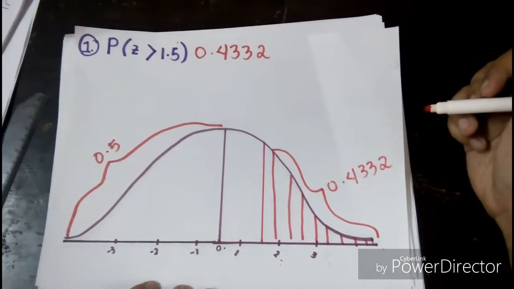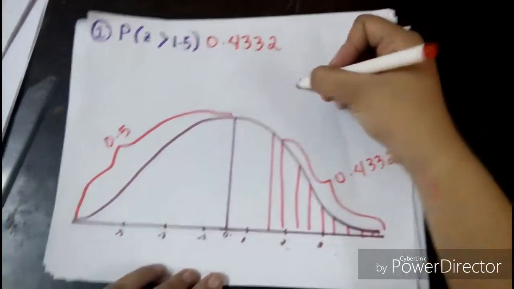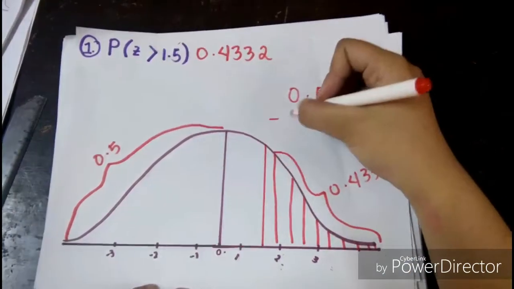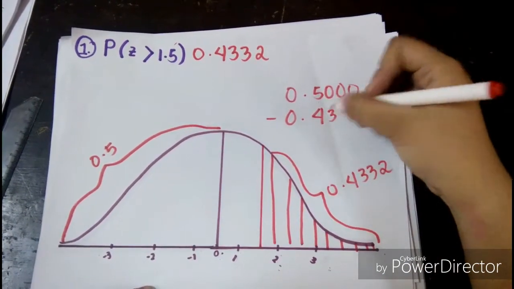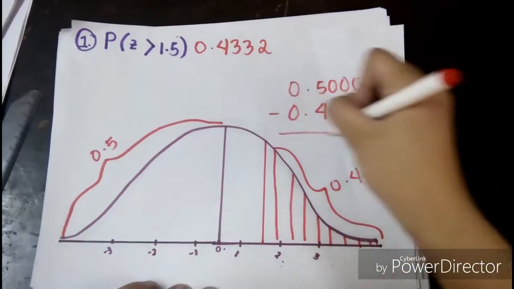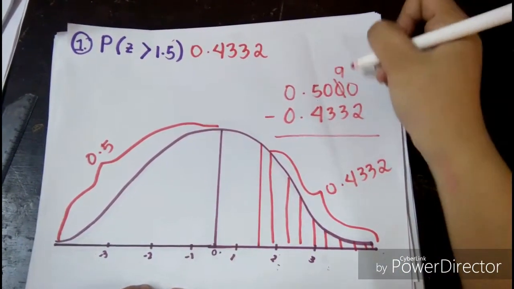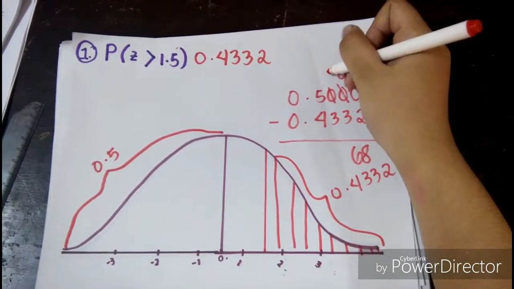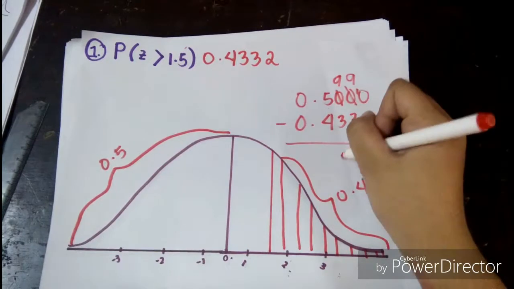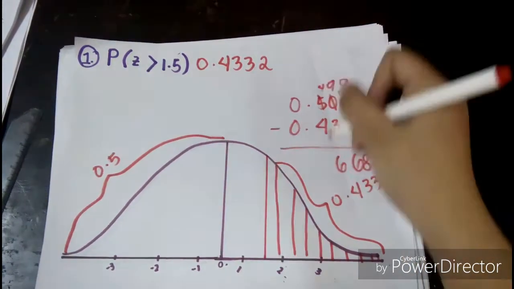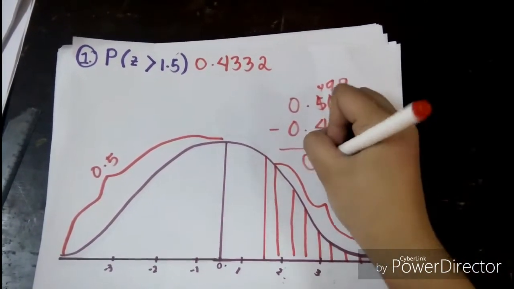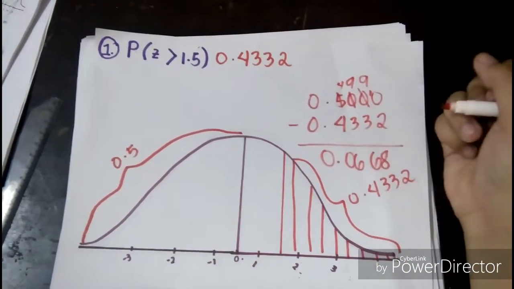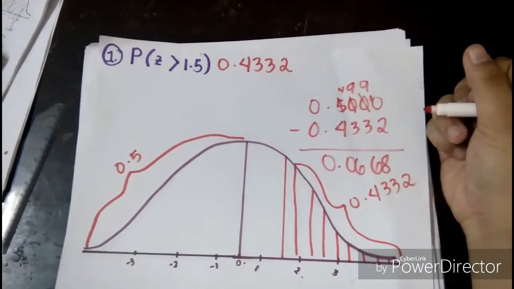We will have now to subtract the value of 1.5, which is 0.4332, from 0.5. So the answer is 0.0668.